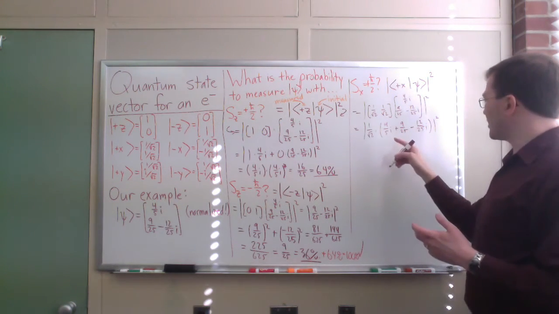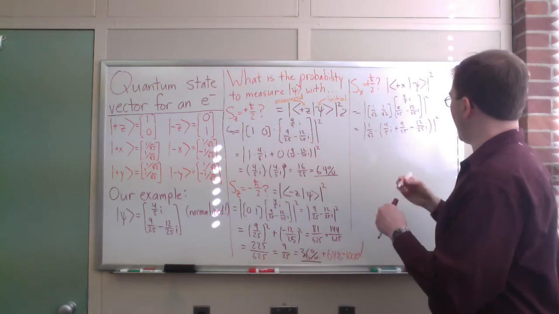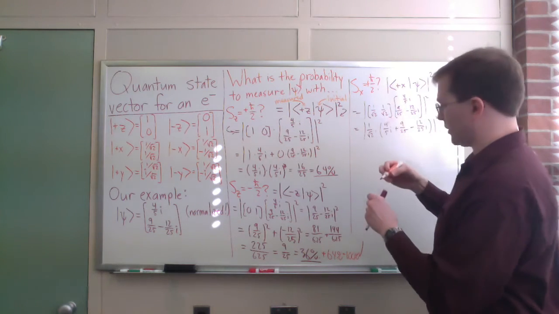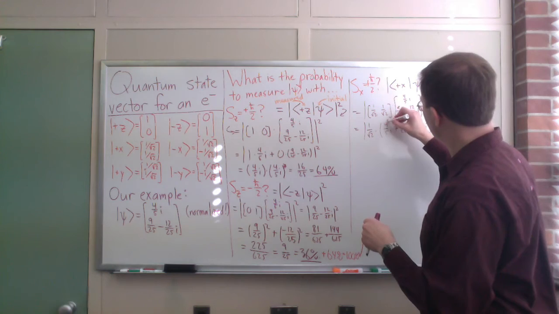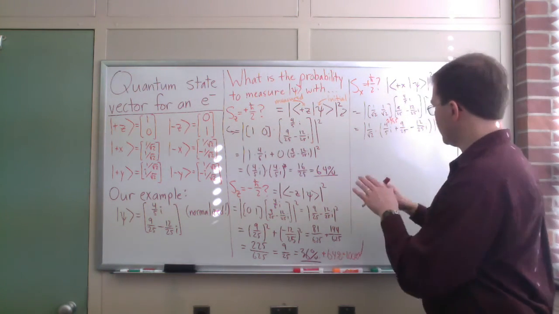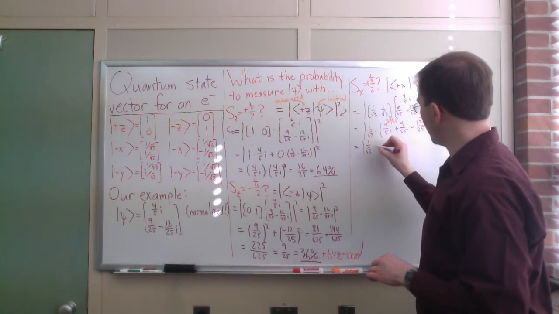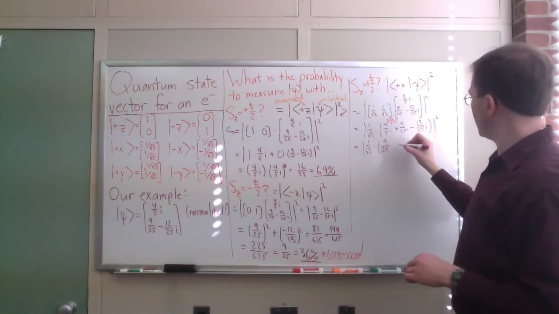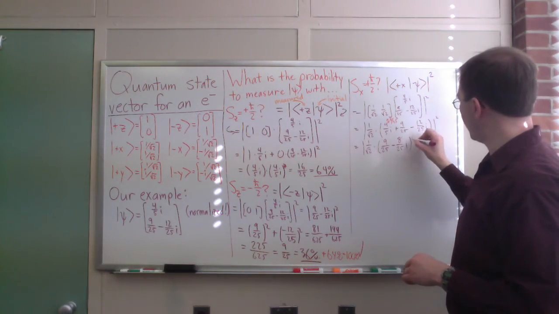And then I'm going to group the i's together. Let's see, 4/5 is the same as 20 over 25. So this equals the absolute square of 1 over square root of 2 times 9/25 minus 8/25 i.